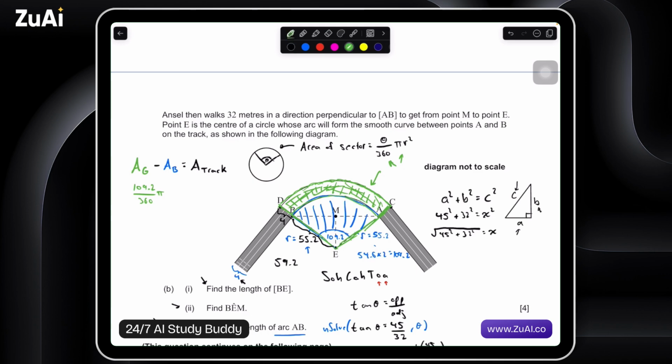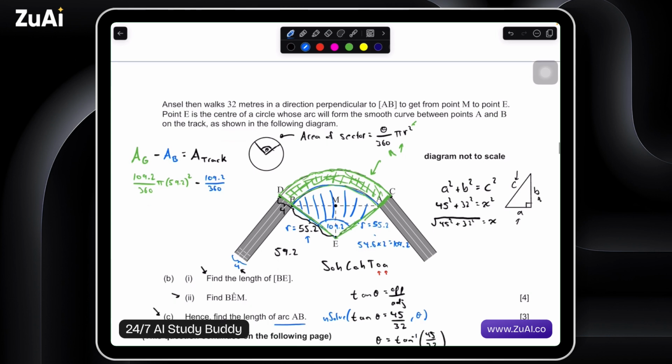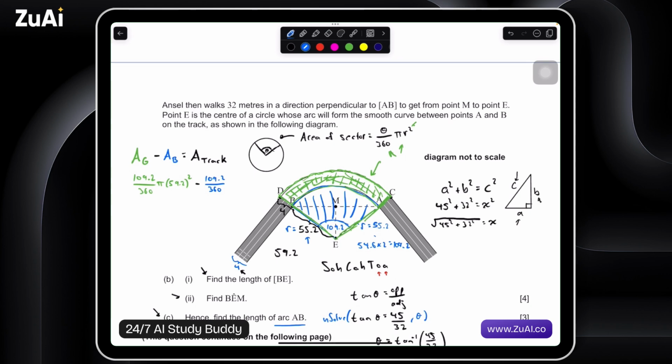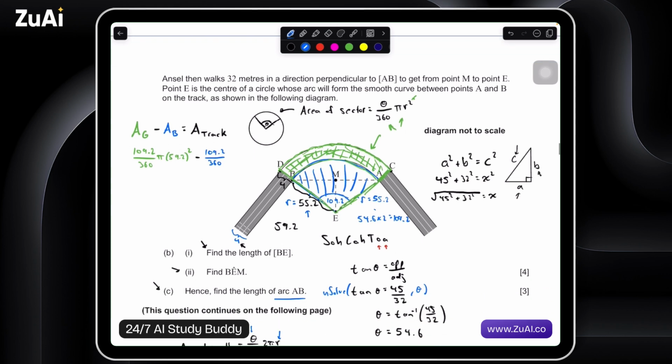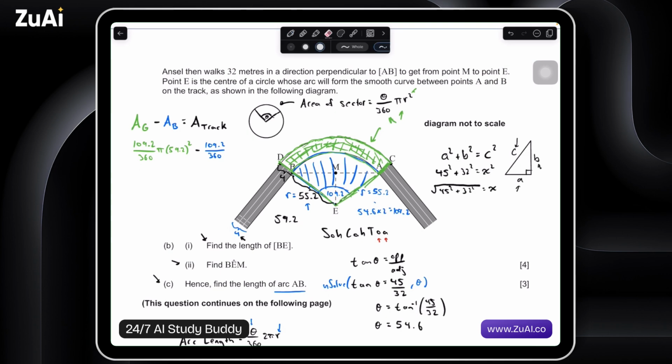So pi r squared is pi times 59.2 squared, minus the area of the blue sector, which is again going to be 109.2 over 360. The portion that we've swept through is 109.2 degrees. Actually, I don't know why I wrote 109.2 instead of 109. Generally, we want to preserve as much accuracy as possible, and since they never asked for 109.2, and they just asked for this 54.6, 109.2 is actually not a bad idea.